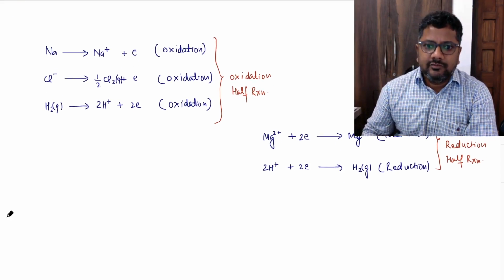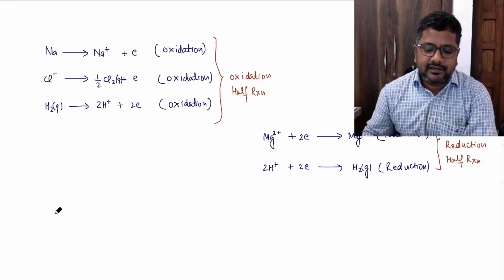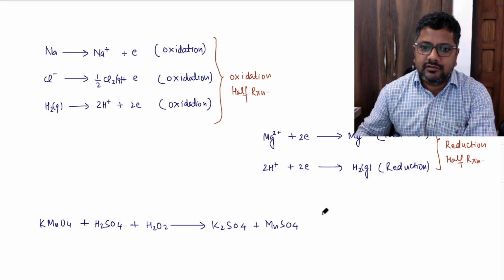Sometimes you may find a reaction like this: KMnO4 plus H2SO4 plus H2O2 gives K2SO4 plus MnSO4 plus H2O plus O2.